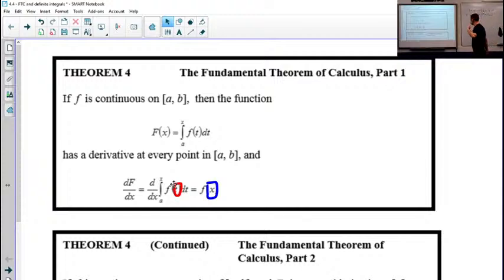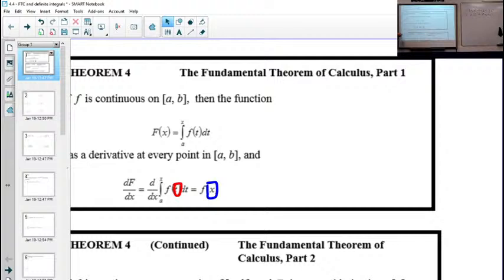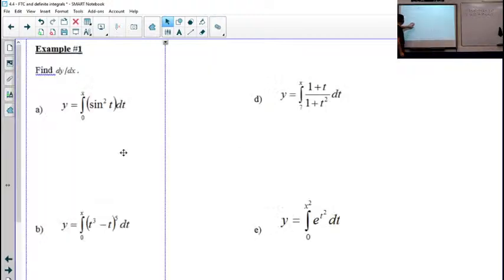If we have a more complicated function in the bounds of these integrals, we have to worry about the derivative of the inside part. But let's do some basic examples here so that you can see what this looks like.